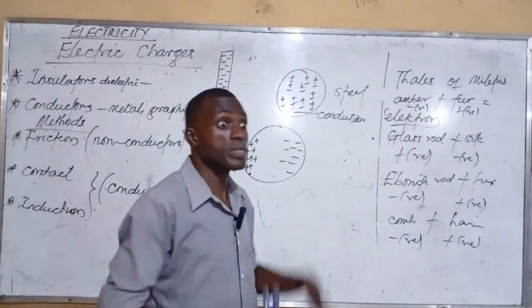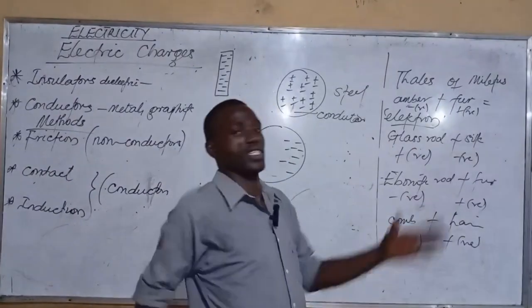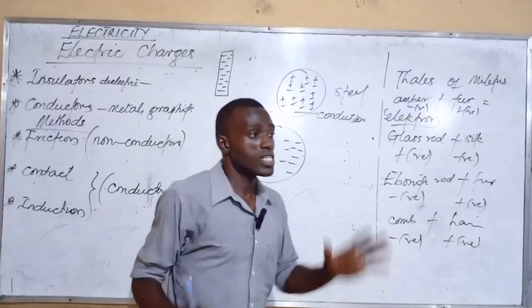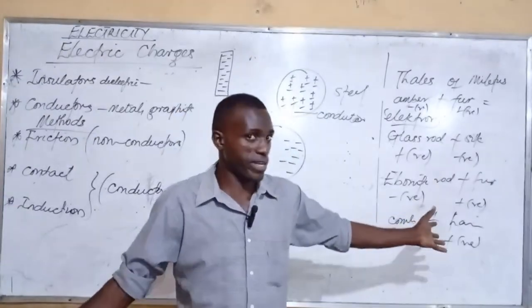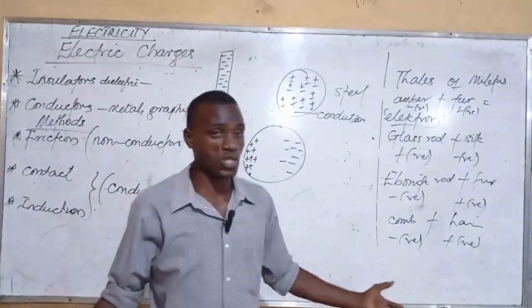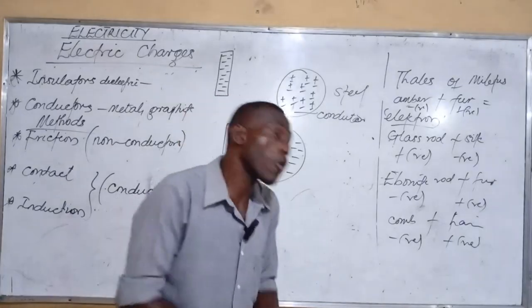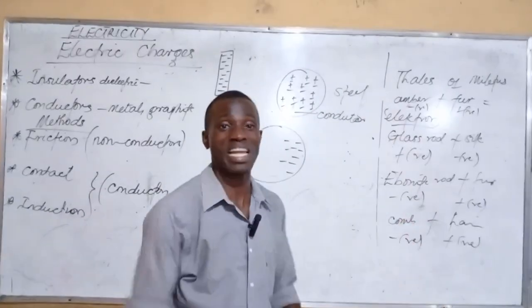If I dump negative charges into the earth, it will not suddenly become negatively charged. The earth has an equal balance of them, almost an unquantifiable amount of charges. So when I keep dumping negative charges, it has an equal number of positive charges that balances it out.